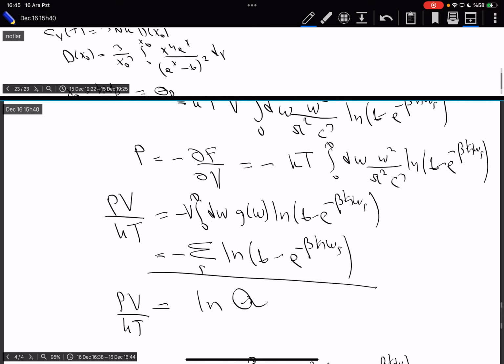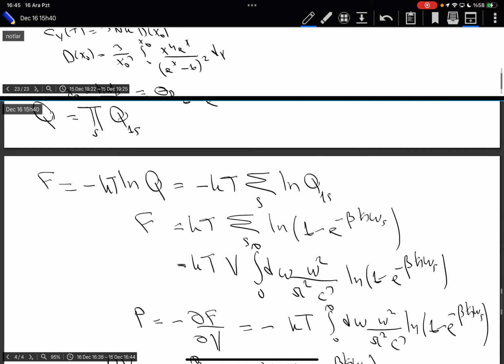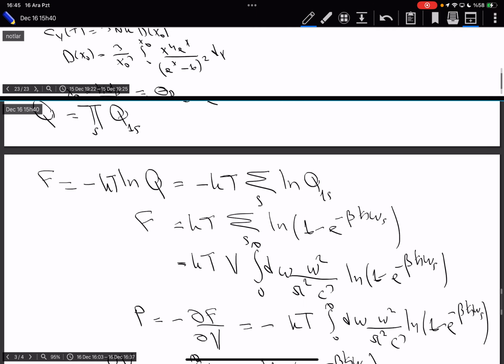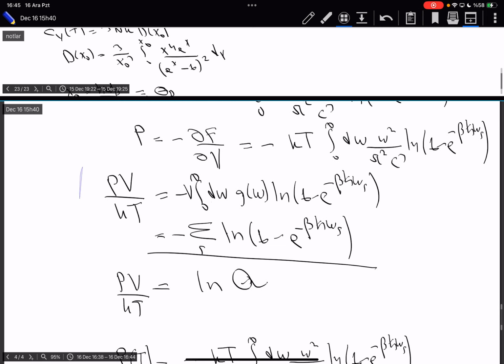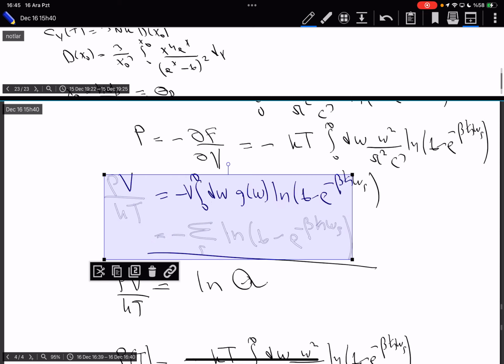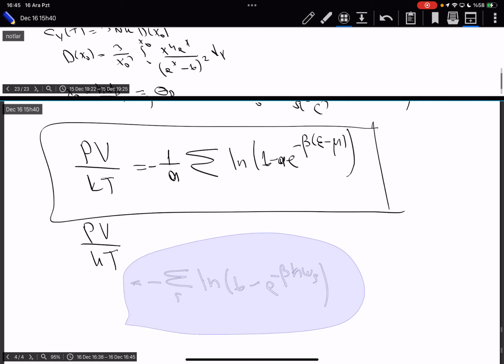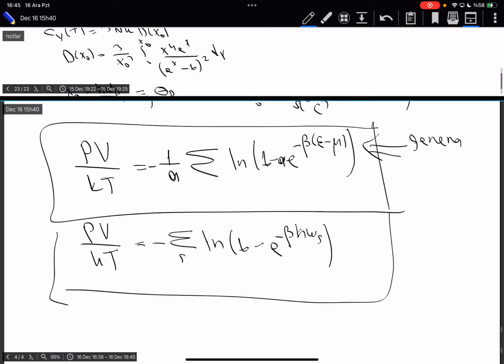And compare it with this one. This is for a general ideal gas.